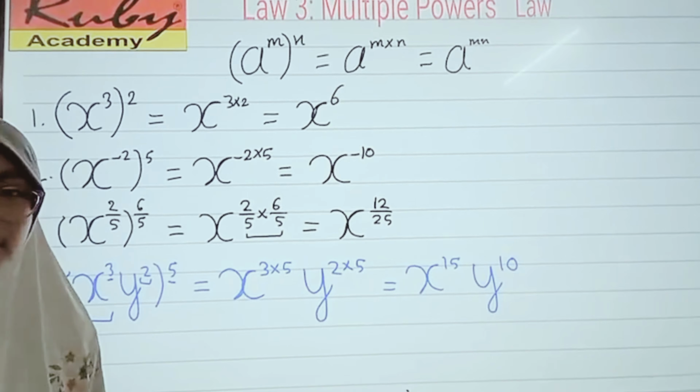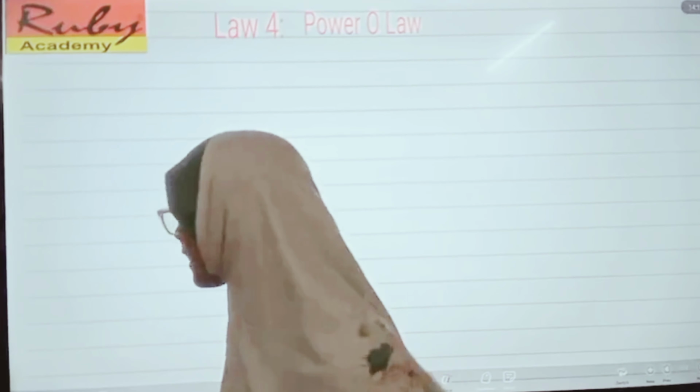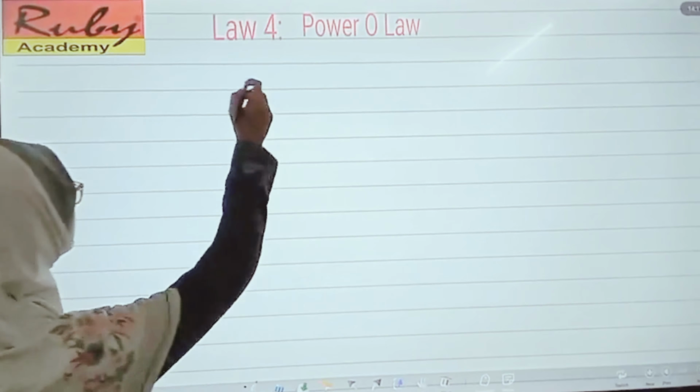Now let's understand the last law, which is the power zero law. This law states that when any base has a power of 0, it is always equal to 1. Now let's write this law. So a raised to 0 is equal to 1.